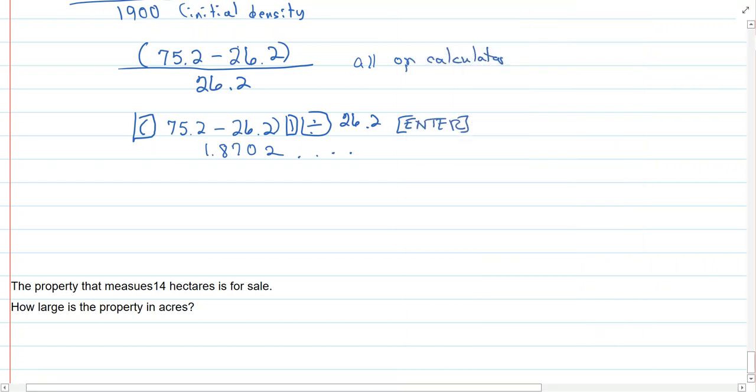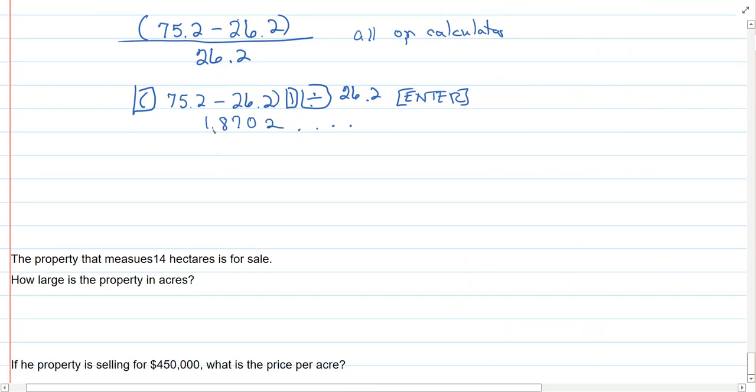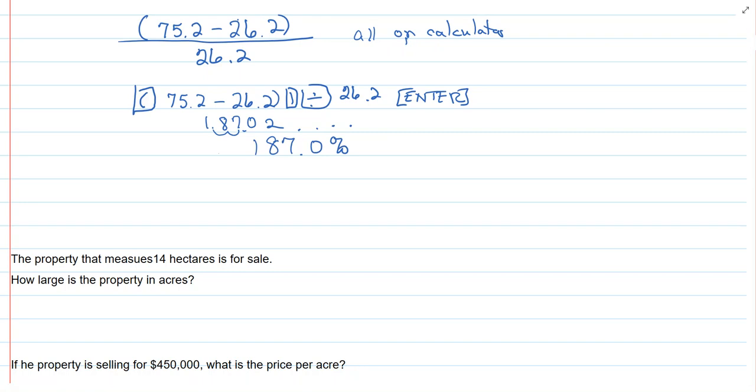So what we want is percent, because this is a mixed number. So I'm going to move the decimal over two places to the right, and I'm going to say 187.0%. So it's 187.0, to the tenth of a percent. All right, we're doing it.